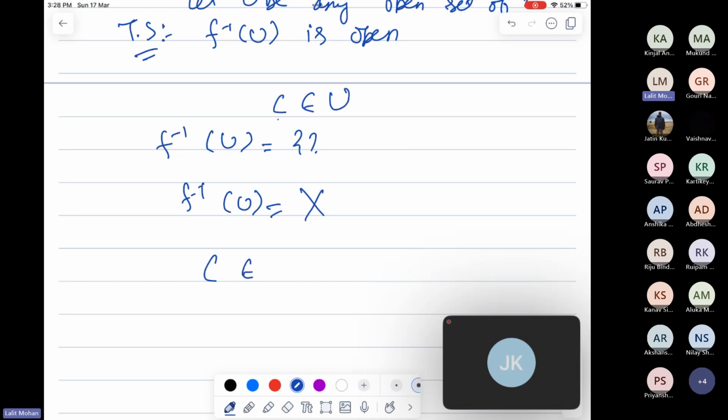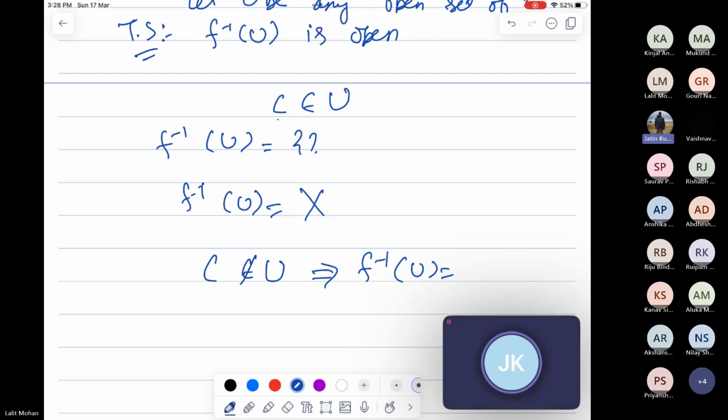And if c doesn't belong to U, then what will be the f inverse U? Singleton? Just think a little bit.